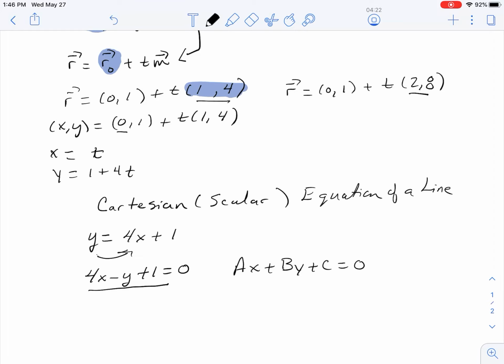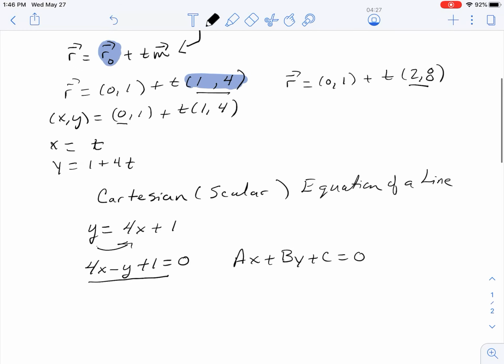Same thing. It's now going to be referred to as Cartesian form of the line or scalar form of the line. So what you want to do is balance everything to one side and have it equal to 0. But you can get something pretty useful from that form of the line, something we call the normal vector.